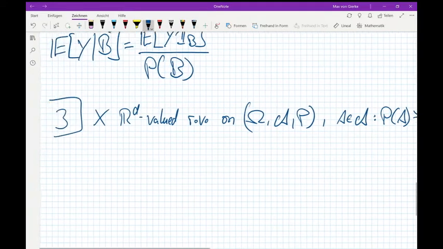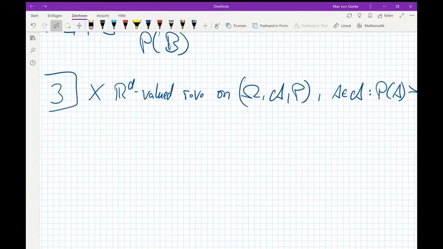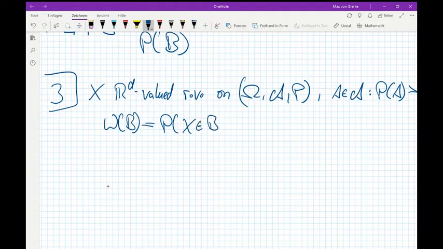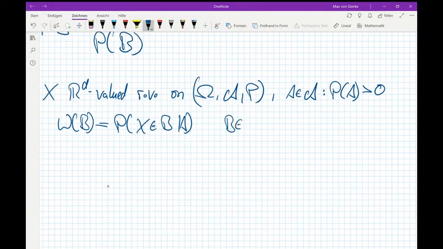And now what we consider is this, it's a probability measure, but we have to show that first. This W, which is defined by X in B, conditioned on A, where B is in the Borel sets of R to the power of d.